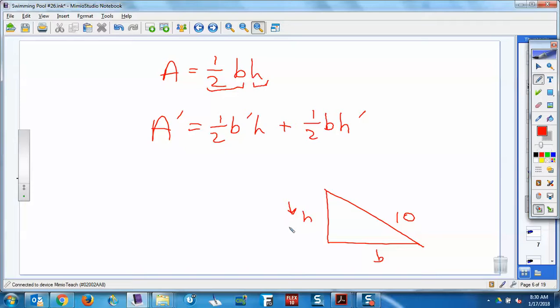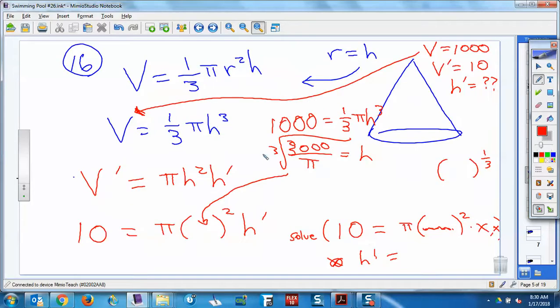But did they tell you that amount, or did you find it in part A? Oh yeah, you found it. I was going to say they didn't give you enough information, but you found h prime in part A. Okay, there you go. And they told you b prime, so now you have that information. But my point in saying this was that sometimes you have to. So you could have done a product rule here, and it would have been okay.